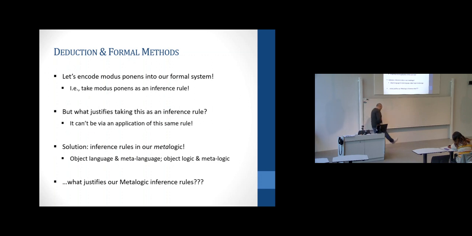You could say, hey, the reason here isn't something in our object logic, our object proof system, but it's a rule in our metalogic, our meta proof system, our logic governing our logic. But that's not going to help, because we'll just run the same kind of argument at the metalogic level.